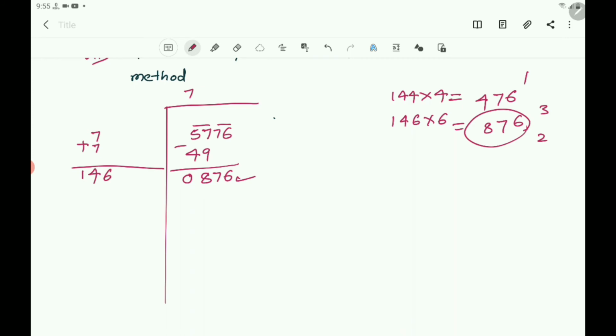So you write 6 here. Then it is 876. 876 minus 876 is 0. Therefore, square root of 5776 equals 76.